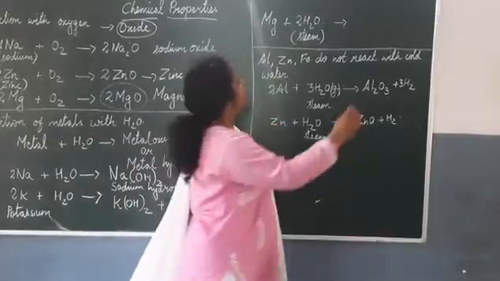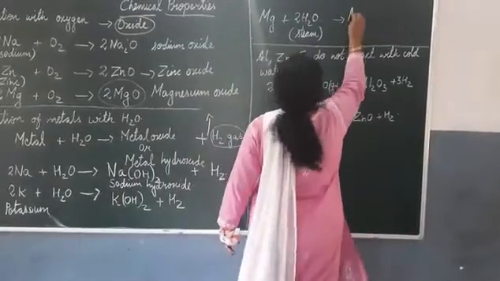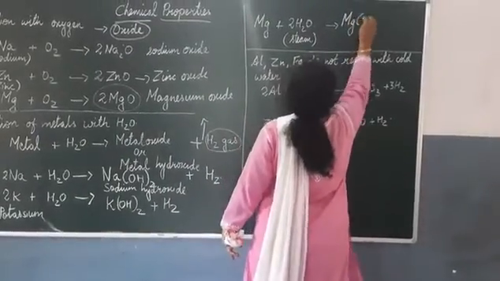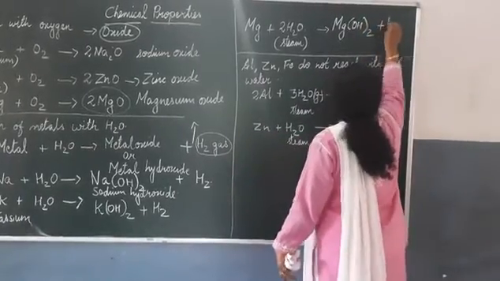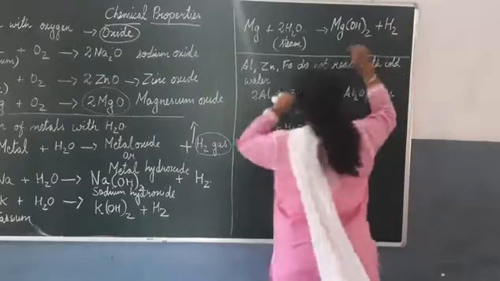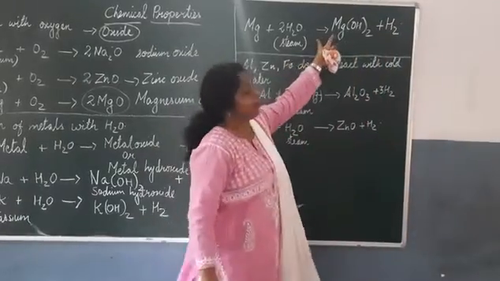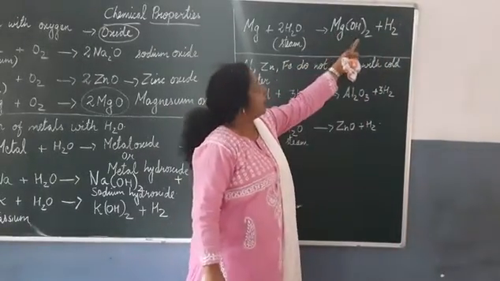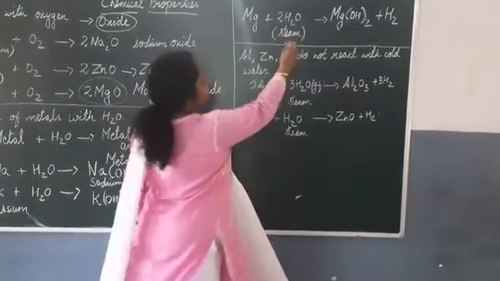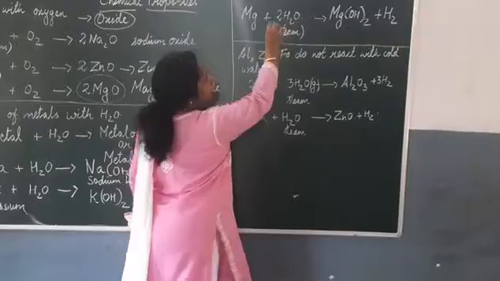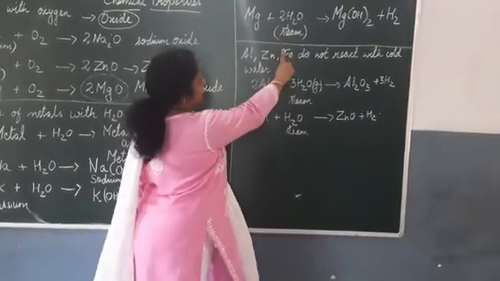And what will it form? Again the same thing: Mg(OH)2 along with hydrogen gas. This is again magnesium hydroxide along with hydrogen gas. But this will not react with cold water. That is why I have written here, it will react only with hot water or steam.